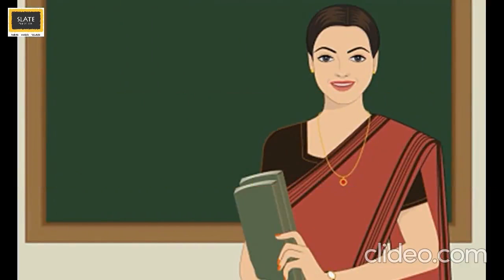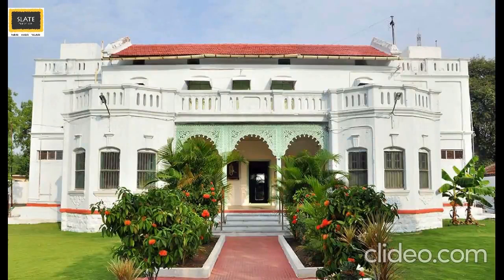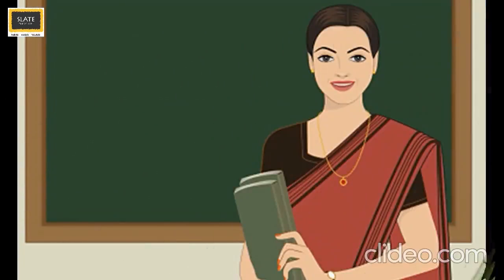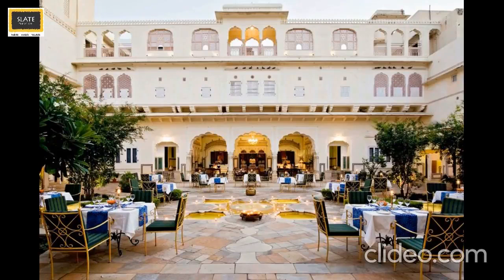So Slaters, in olden days, people had lots of space to use for making their homes. They used to make big havelis or mansions. The word haveli comes from the Arabic word hawali, which means a partition or a private space.